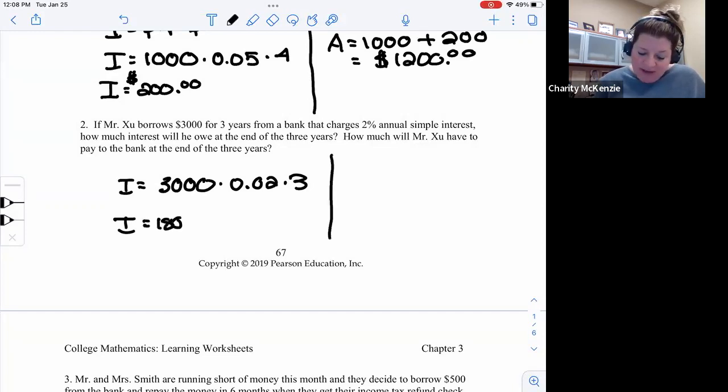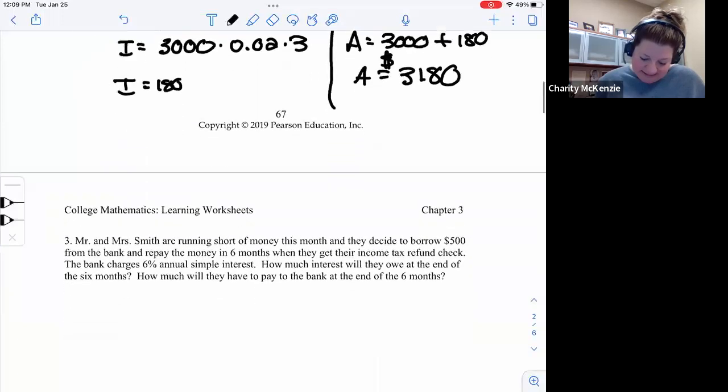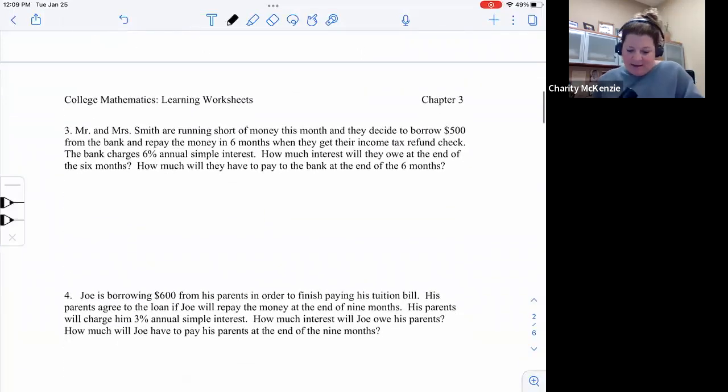So the future value is going to equal 3,000 plus the 180. So they will have to pay back $3,180. Now you will never get 2% or simple interest for that matter. So that one's a little unrealistic to me.